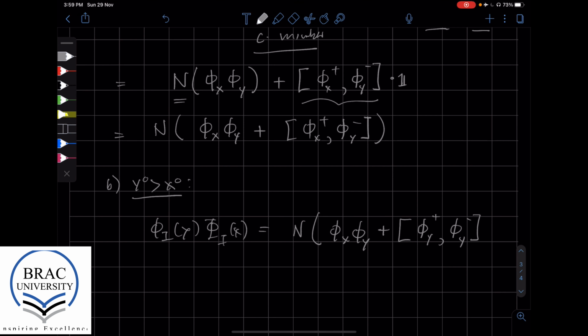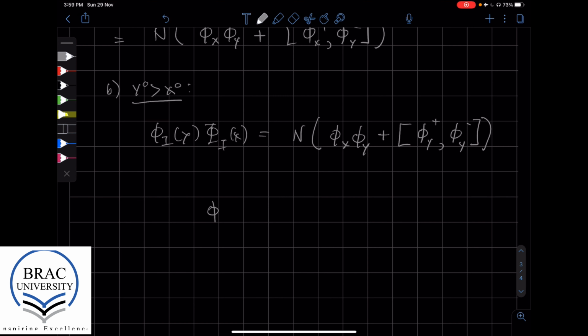So now what we can do is define the contraction of two fields, phi(x) and phi(y). We call it a contraction. It's a number, and it's symmetric in x and y.